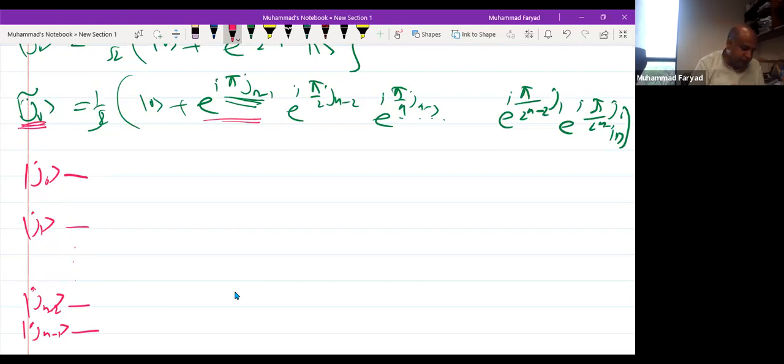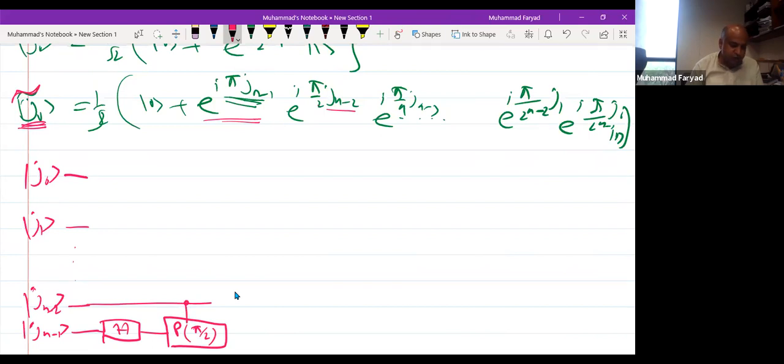So this j naught tilde can be obtained by first applying a Hadamard to jn minus 1. Then a controlled phase gate of phase pi by 2 controlled by jn minus 2. The next is a phase gate of pi by 4 controlled by this.